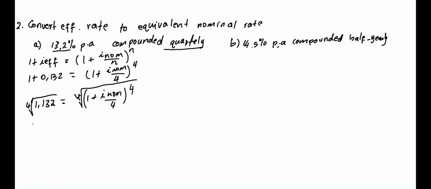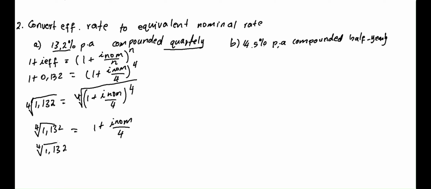So after this, guys, you are going to be left with the root of 4, 1.132 is equals to 1 plus our nominal rate divided by 4. Then we are going to transpose this one to the other side, so it's going to be 1.132.